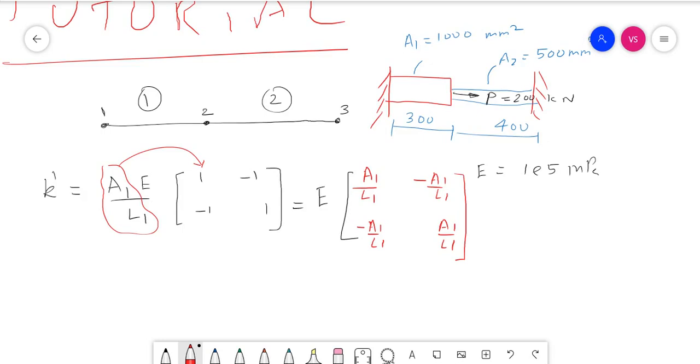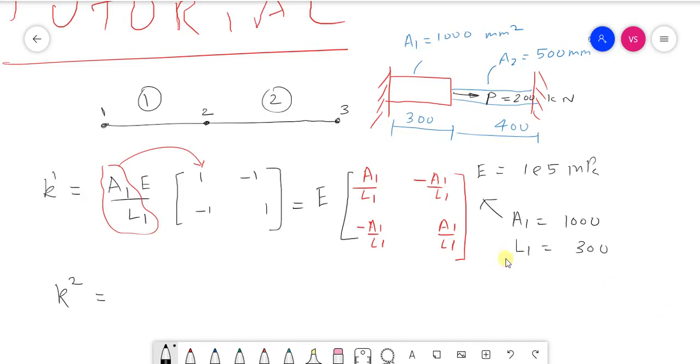Okay, this is for the first element. By the way, here for A1 you will say it is 1000, and L1 is 300 in this matrix.